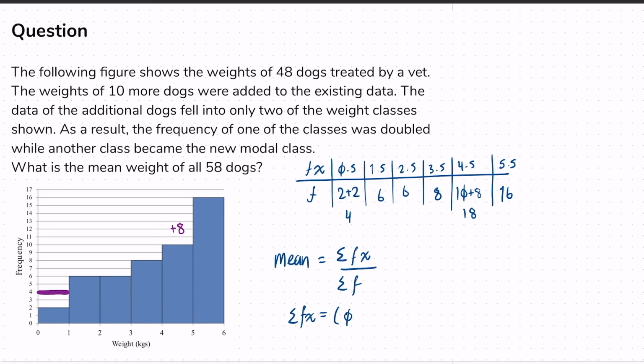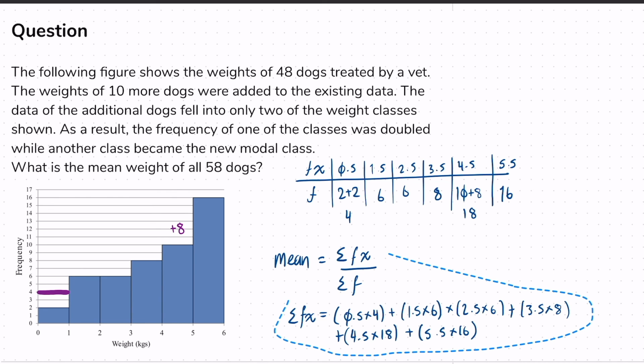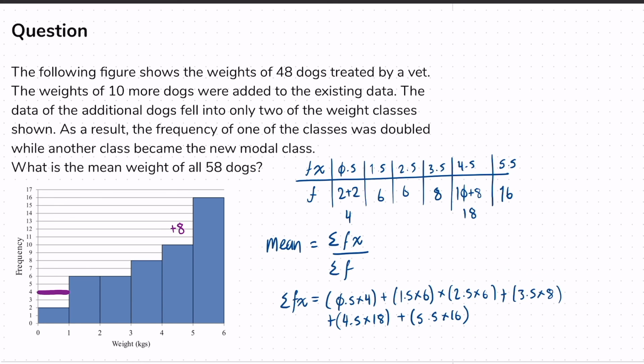We've got 0.5 times 4 plus 1.5 times 6 and so on. This whole thing is equal to 223.